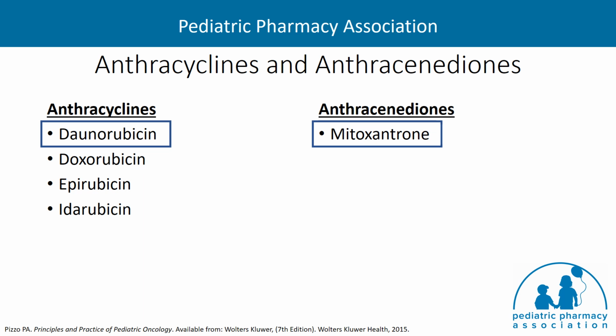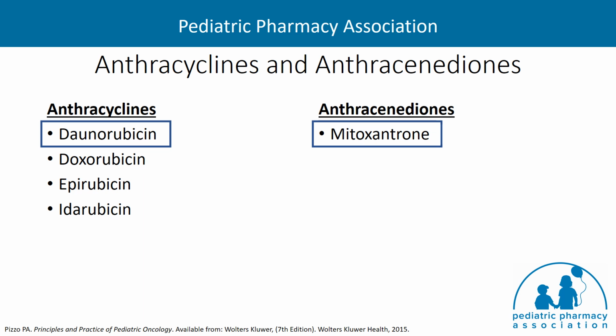There are various anthracyclines on the market currently that are FDA approved for a variety of malignancy treatments. I listed them all generally on the slide for you, but today we are going to focus mostly on daunorubicin, given its role in remission induction phases of therapy, specifically for our pediatric AML patients.